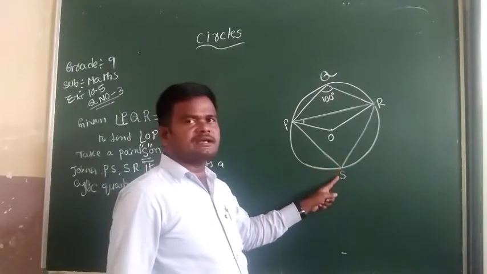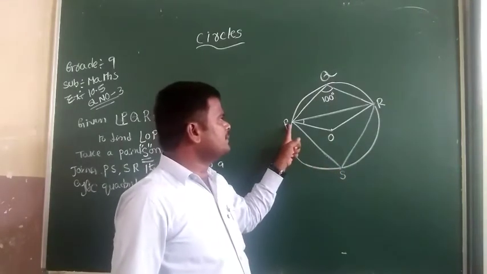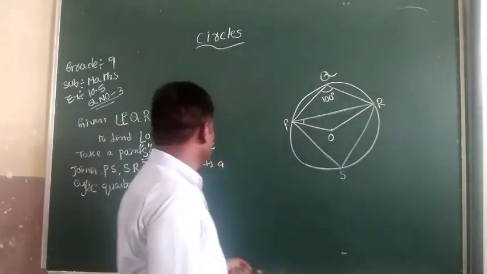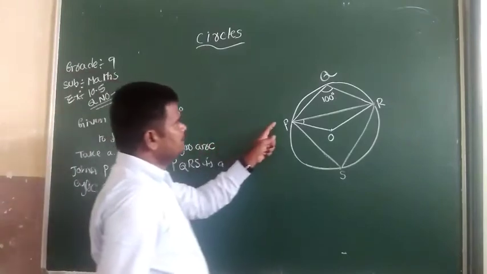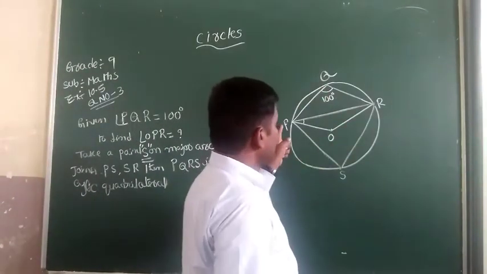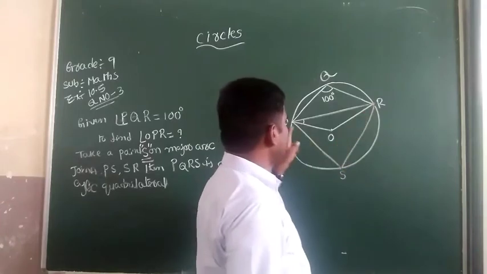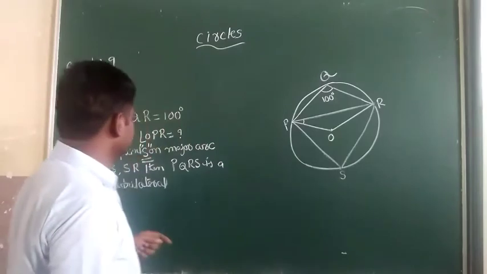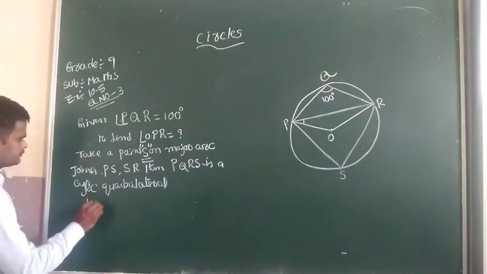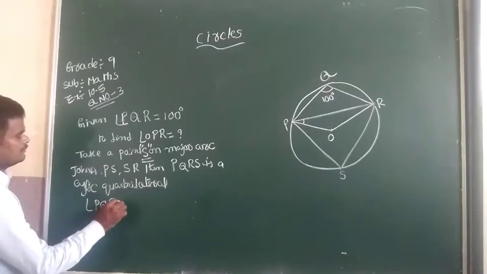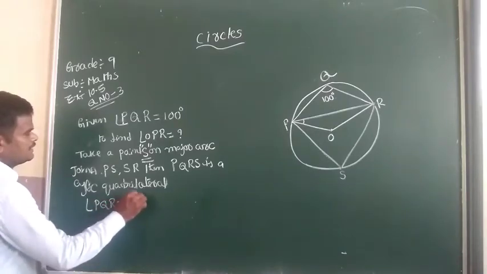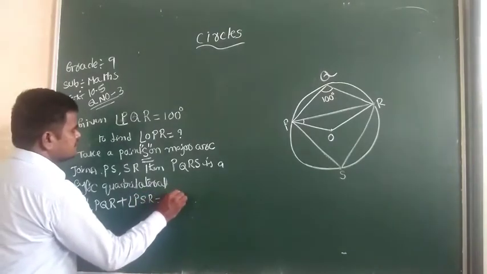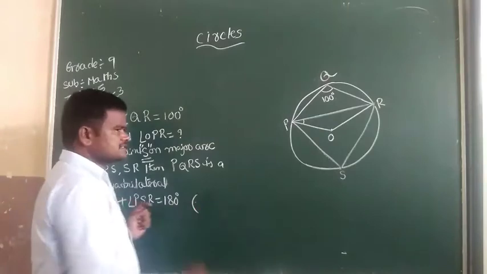In cyclic quadrilateral PQRS, angle Q plus angle S equals 180 degrees, and angle P plus angle R is also 180 degrees. So angle PQR plus angle PSR equals 180 degrees. What is the reason?